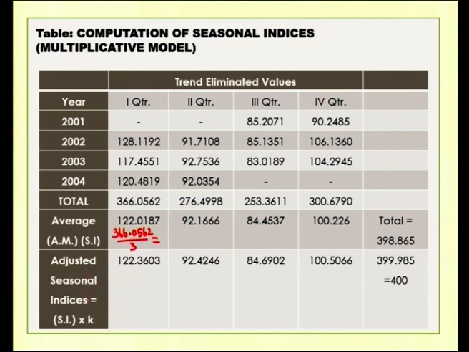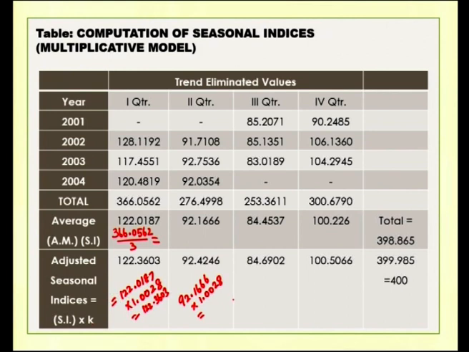Adjusted seasonal index is equal to seasonal index into K, that is, this value 122.0187, which you have calculated now, into 1.0028, is equal to 122.3603. Likewise, here 92.1666 into 1.0028 is equal to 92.4246.